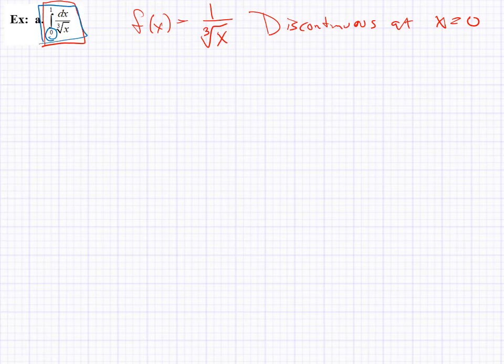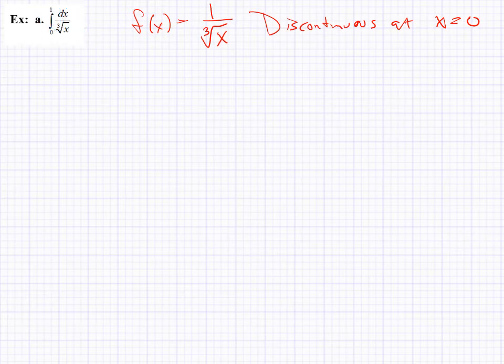So when you've done definite integrals up to this point, you've never really thought too much about the interval you were working with. You just knew in the end you would have to plug the values in and subtract. But now every single definite integral you do, you have to think about the continuity of the function over that interval. In this case, we have a discontinuity at the end of the interval.